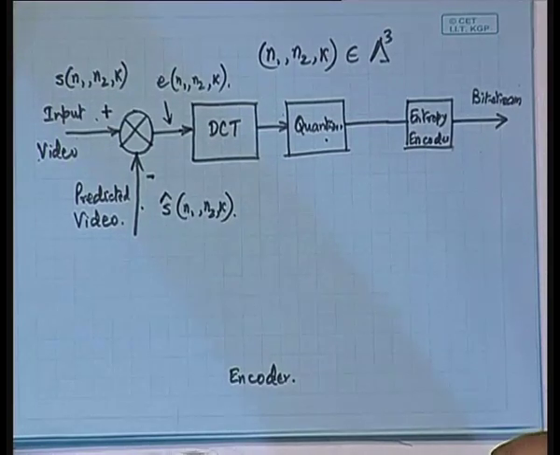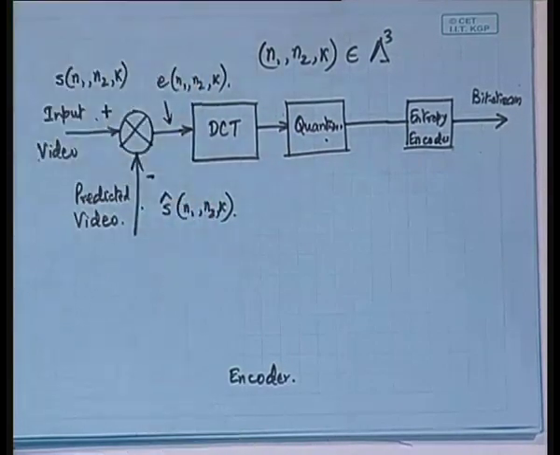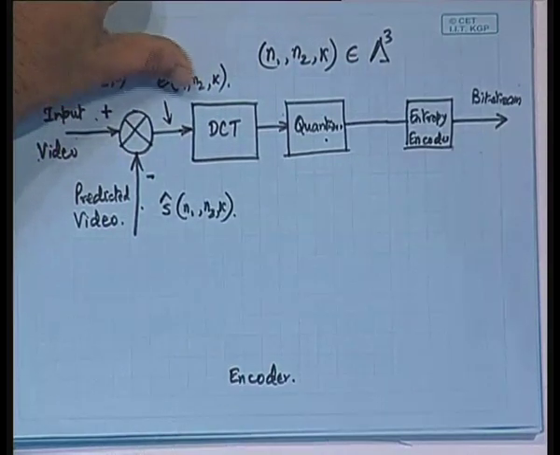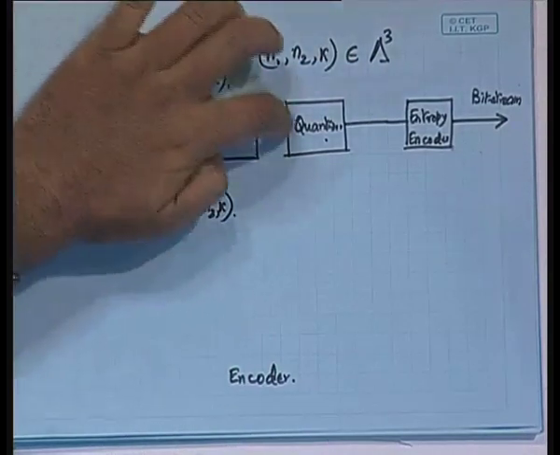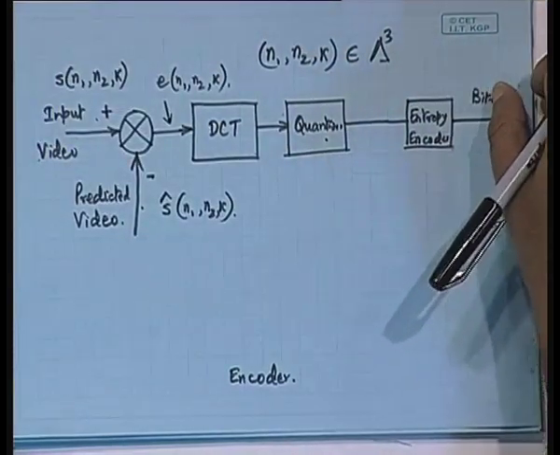Any frame S n1 n2 k minus L with L greater than 0 basically refers to the past frames, okay. And if I get some of the past frames, then I should be able to predict this one. So, how to generate the past frame? Again, here I have got only the error signal, and that too at this point it is transformed already.